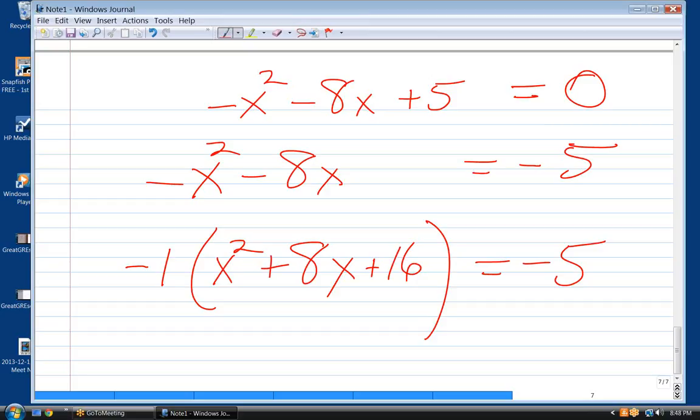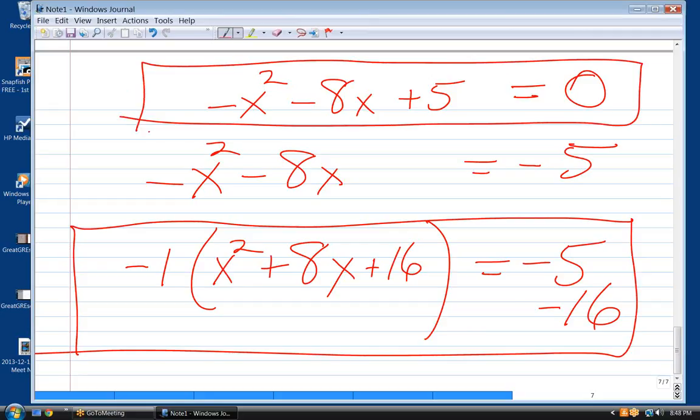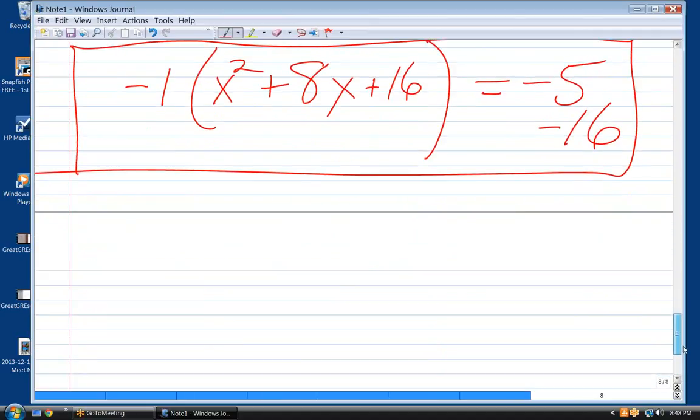Negative 16. I added a negative 16, which means I have to add a negative 16 to the right side of the equation to keep things equal. Now, this is still the same as this. I've basically done nothing other than added and subtracted a few things and divided out some stuff.